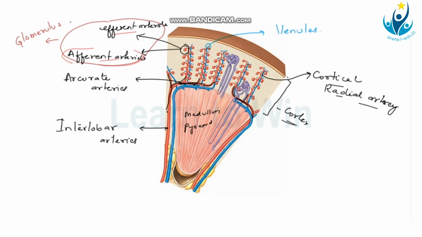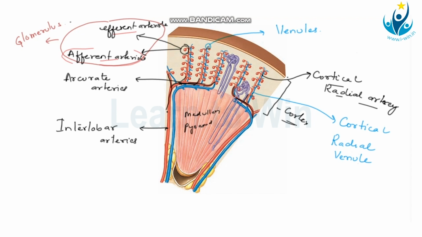Okay, these venules later join into the bigger cortical radial venules, which will be adjacent to the cortical radial artery. Can you see here? This is the radial artery and this is the radial venule. They are just adjacent to each other.